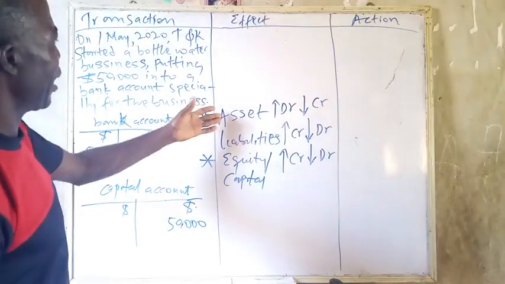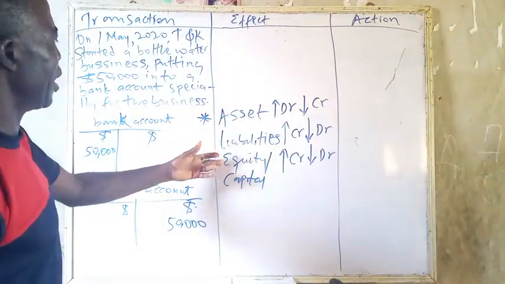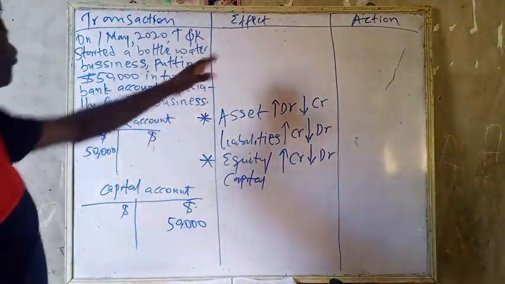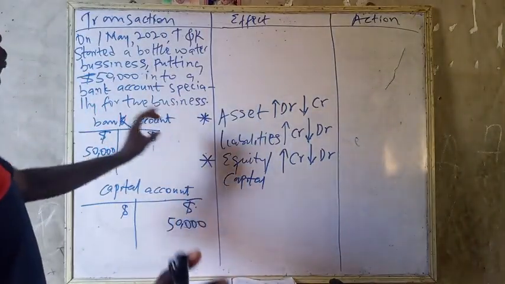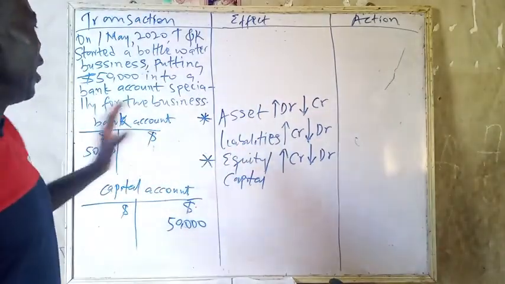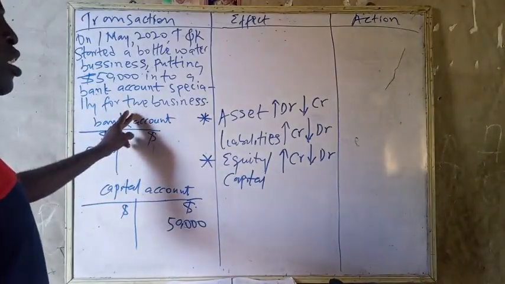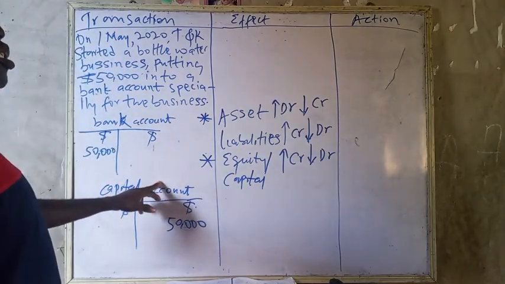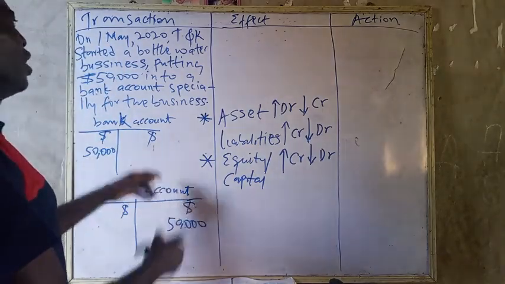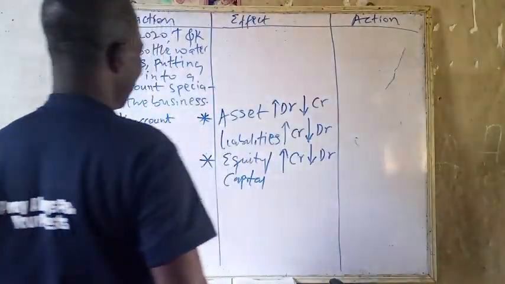These are the accounts: asset accounts, liability accounts, equity accounts. But there must be at least 2 effects. And the 2 effects affect asset and equity. The money in the bank is an asset. The capital introduced is the capital of the owner. So what is now the effect?